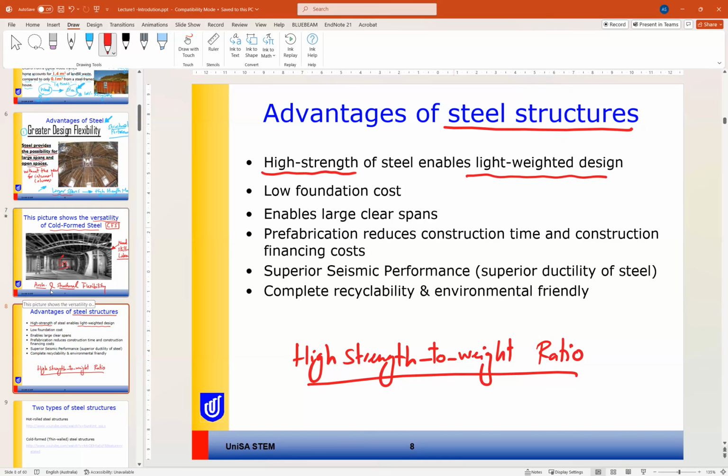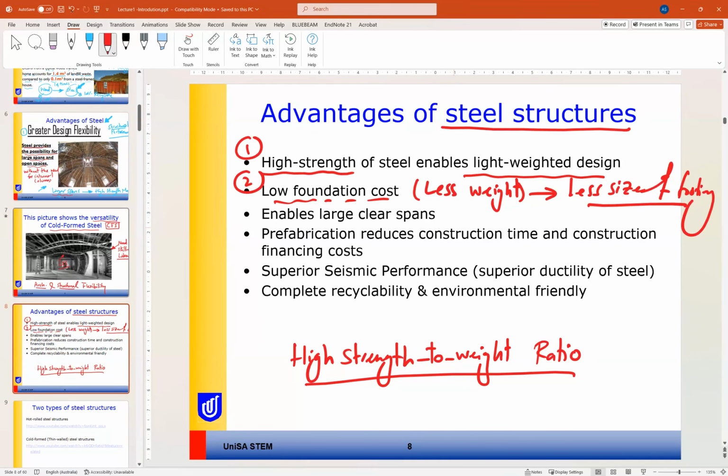The second advantage is low foundation cost, because if you have less weight material, you will have less foundation or less size of foundation. So if you have less size of foundation or footing, it will be cheaper or low cost.